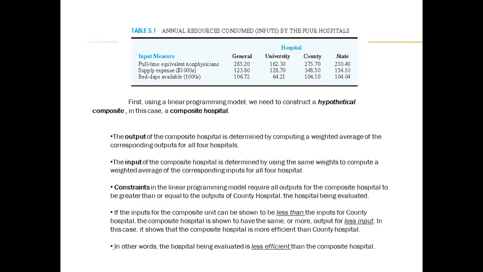So I need you to check Table 5.1. This is the annual resources consumed, or basically the inputs, by the 4 hospitals. For General Hospital, we have 285.20 for the FTE non-physicians or personnel, for supply expense we have 123.80, and for bed days available we have 106.72.